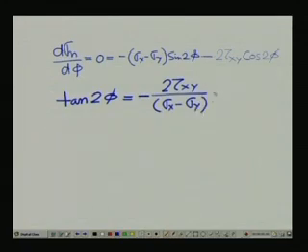So this relationship you are getting is tan 2 phi equals minus 2 tau x y over sigma x minus sigma y.